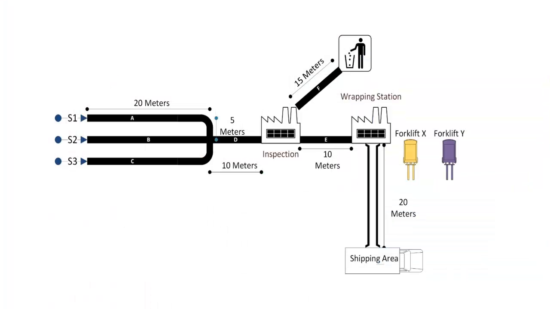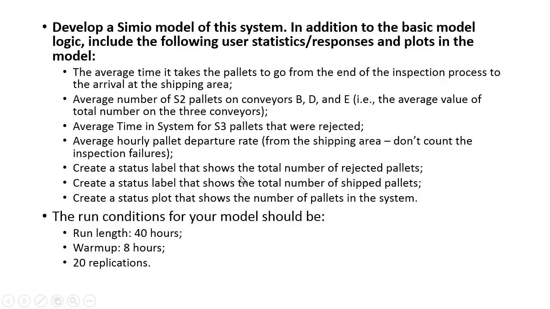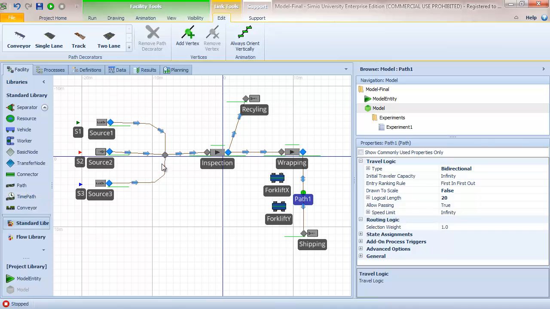So the next statistic that we will implement is the second one, which is the average number of S2 pallets on conveyors B, D, and E. So when I look at my model, I want to know over time, or instantaneously actually, how many S2 pallets are on this conveyor, plus this conveyor, plus this conveyor.